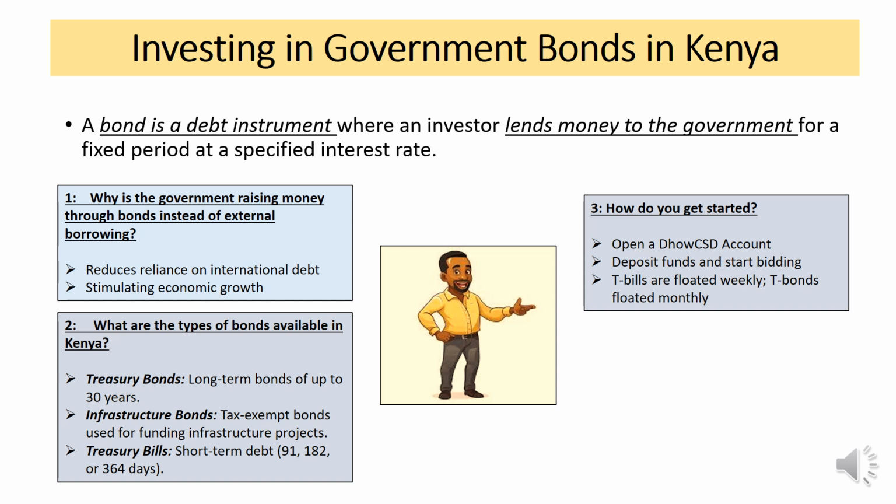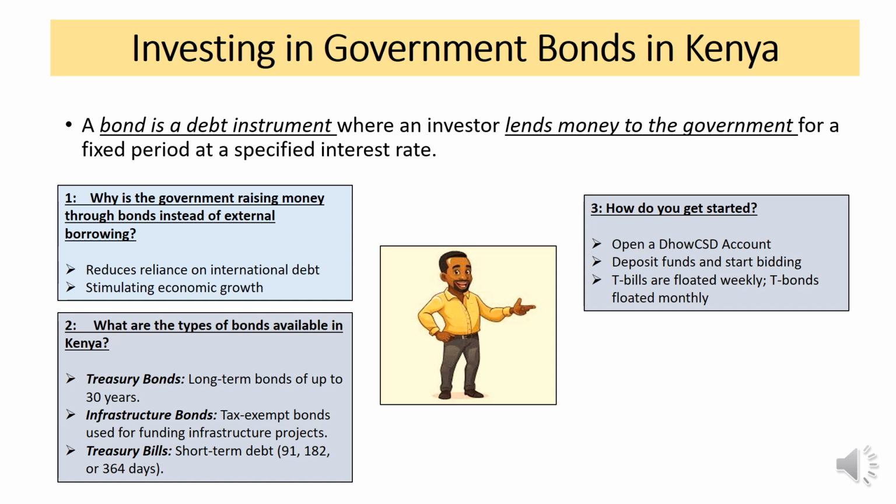We already discussed CDS as Central Depository System. You fill this form, and then they open an account for you. Whenever they float the bonds, you will be invited to come and make a bid. But that is now long gone.